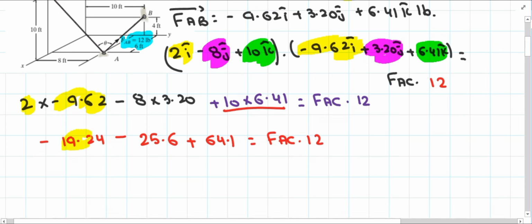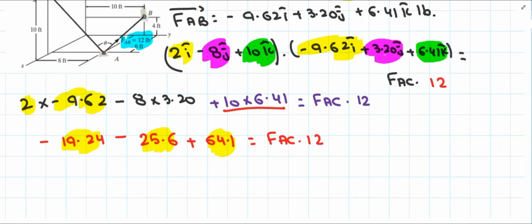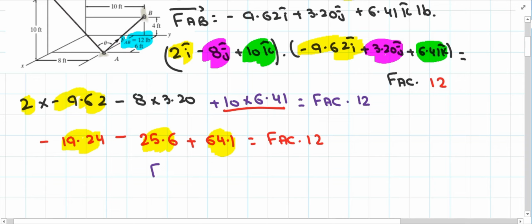So add negative 19.24 with negative 25.6 with positive 64.1, and it is equal to 19.26. So FAC is equal to 19.26 divided by 12.